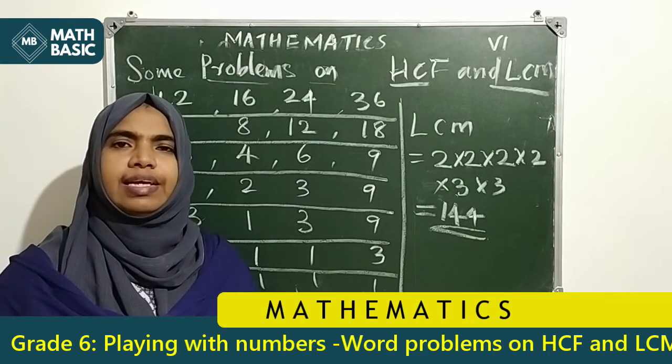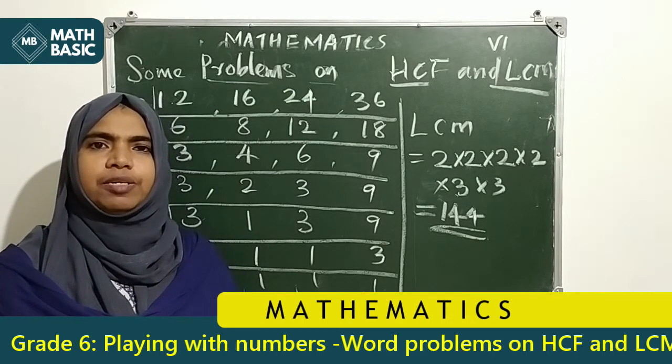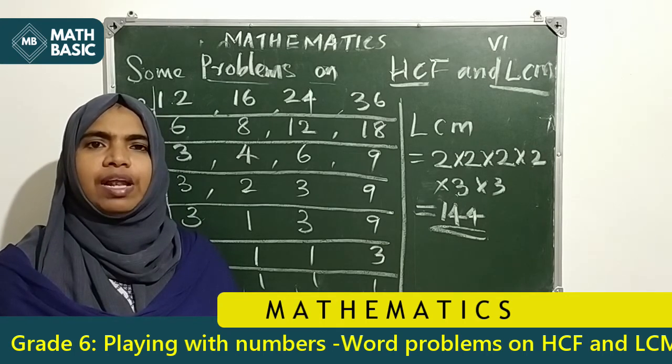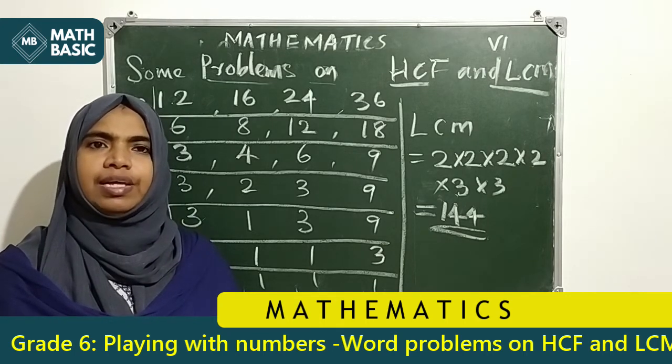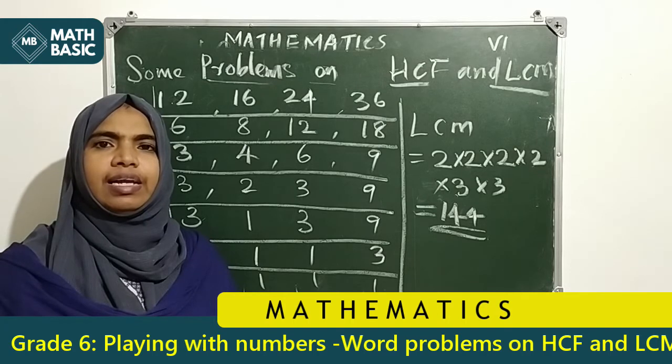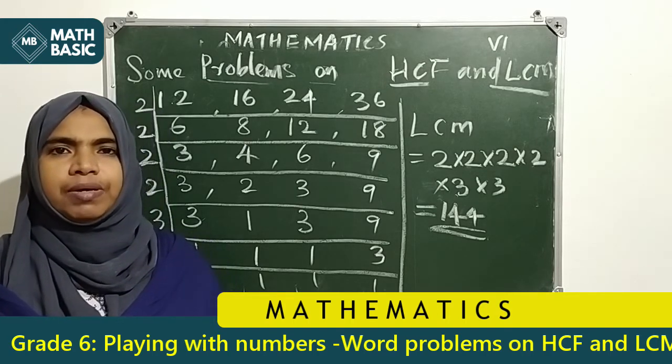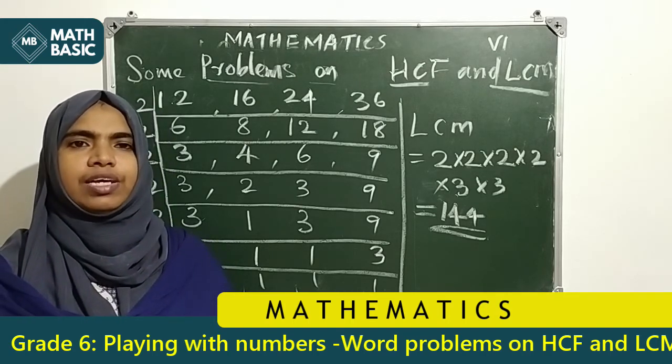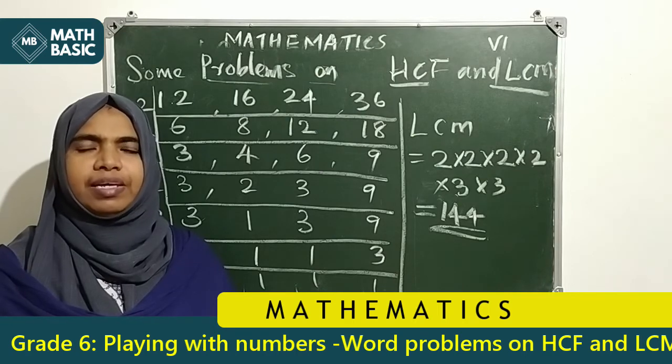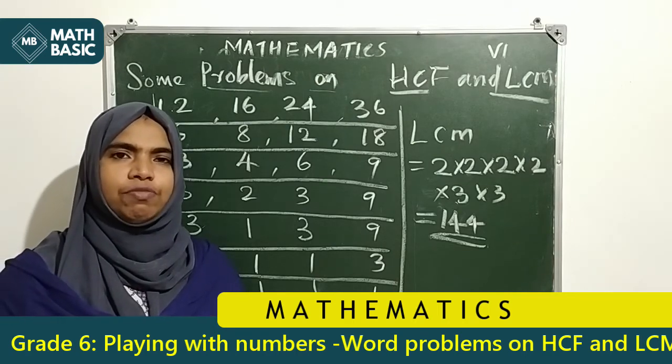144 is the least number which when divided by these numbers will leave remainder 0 in each case. We need the least number that leaves remainder 7 in each case. Therefore, the required number is 7 more than 144.